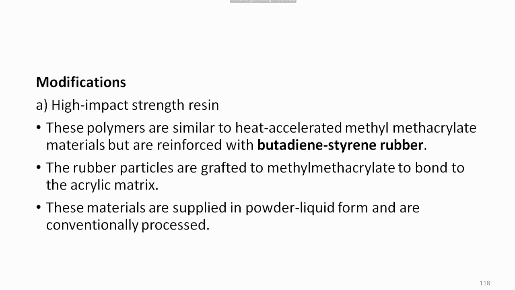Okay, the rubber particles are grafted to methyl methacrylate to bond to the acrylic matrix. These materials are supplied in powder and liquid form and are conventionally processed. So the impact strength of this material, that is high impact strength resin, is much higher than your conventional heat cure acrylic resin.